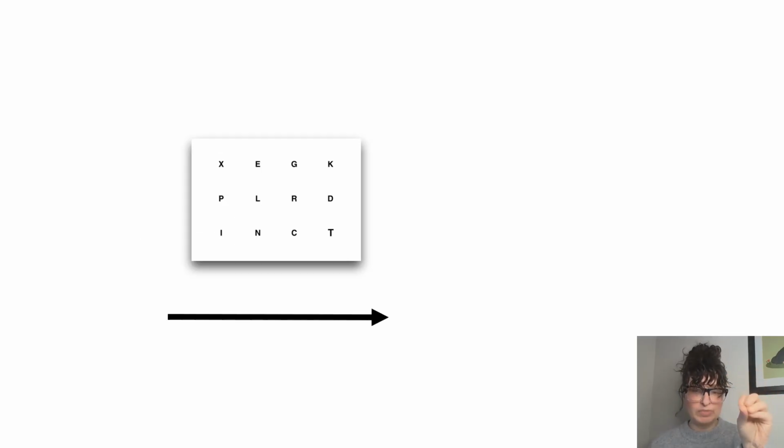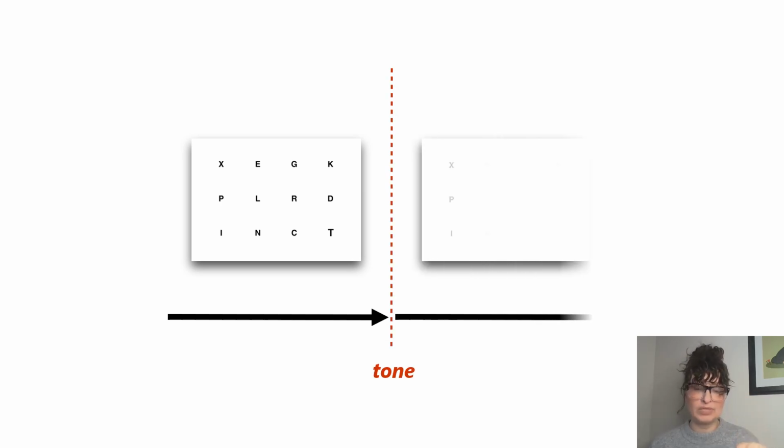And so here's the logic of that experiment. If you show the participants the array briefly and then you deliver the tone at the exact moment that the array disappears, you're forcing participants to report information from iconic memory. The stimulus itself is gone, so they have to rely on the icon.